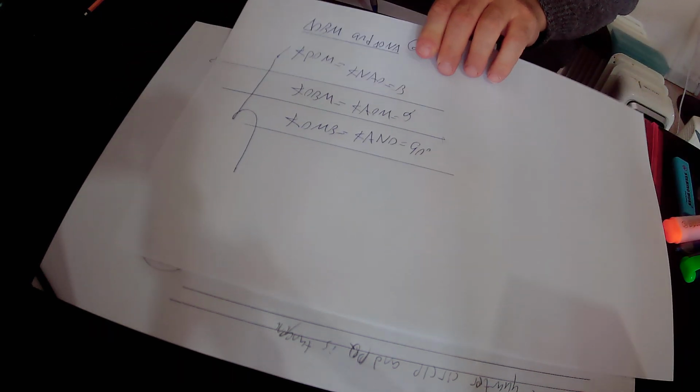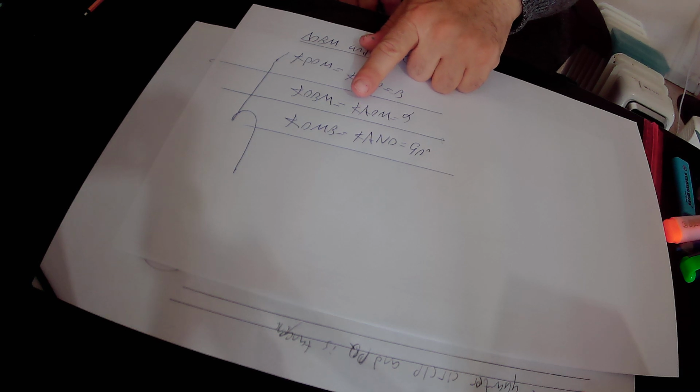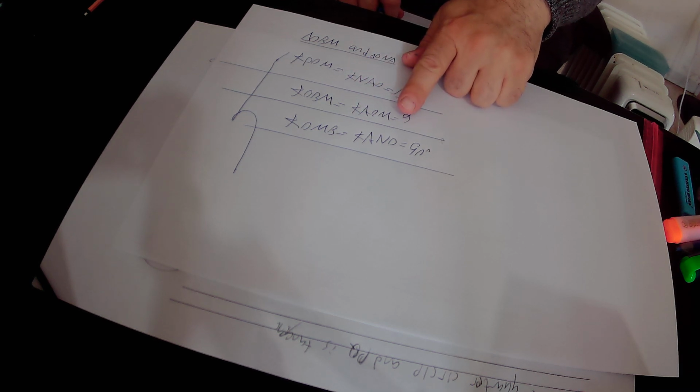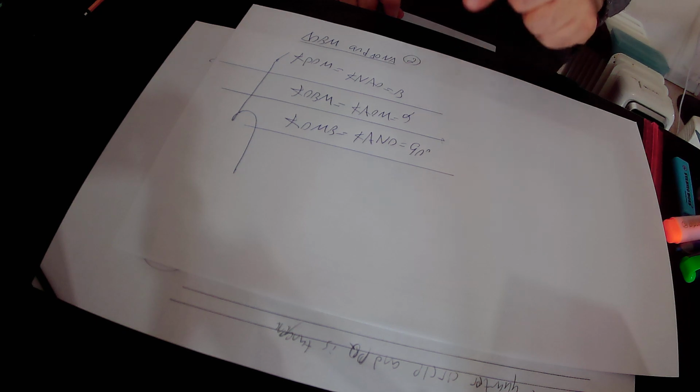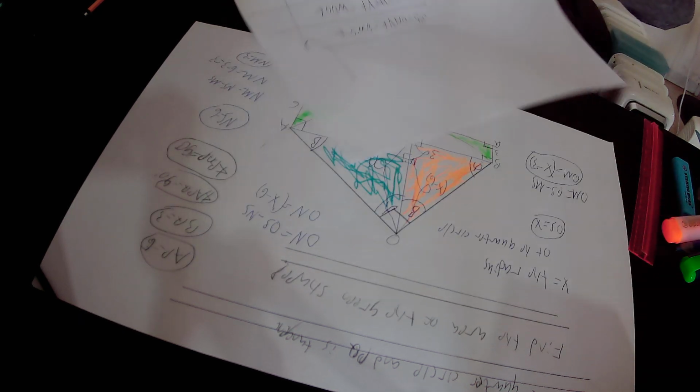Repeat again. Angle OMB in the orange triangle equals angle ANO in the blue triangle. They are both equal to 90 degrees, therefore they are equal to each other.